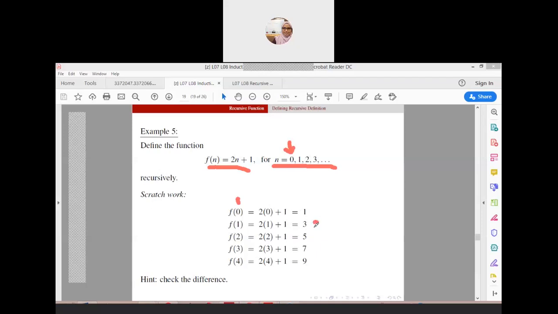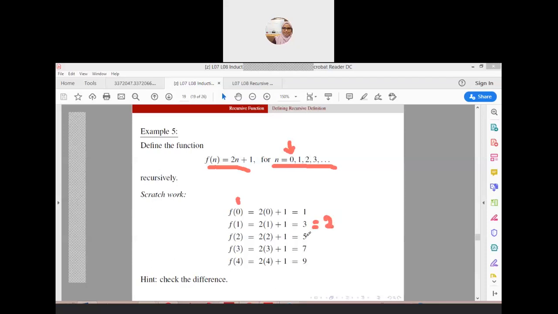For f(1), we know that the difference is 3 minus 1, which is 2.